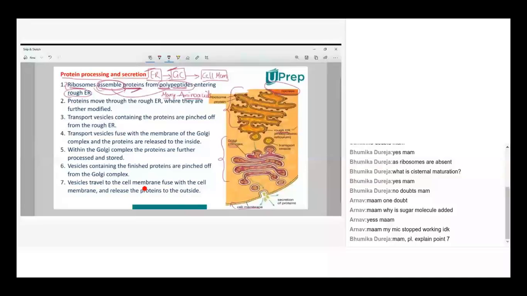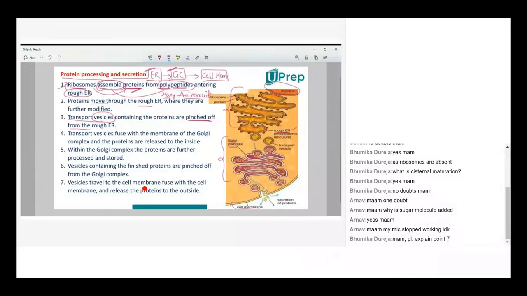Once proteins are produced in the rough endoplasmic reticulum, from there they will move through transport vesicles. Vesicles are part of the endoplasmic reticulum. They'll be pinched off here. Pinched off is nothing but they'll just get removed from one part and go to another part.